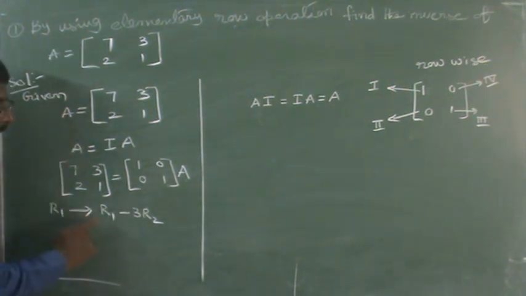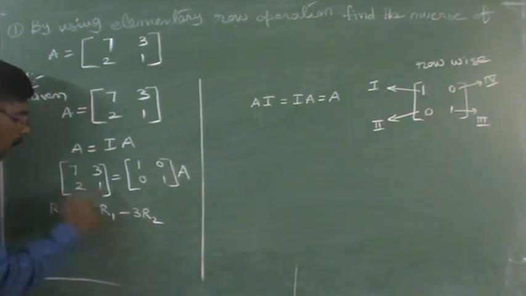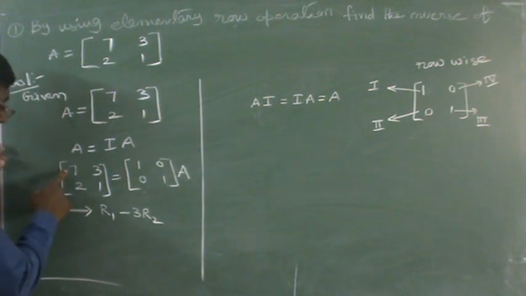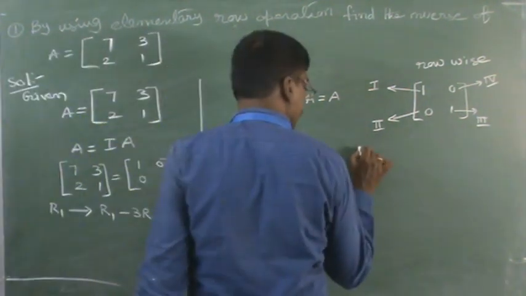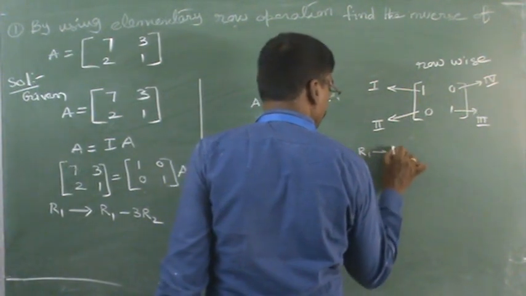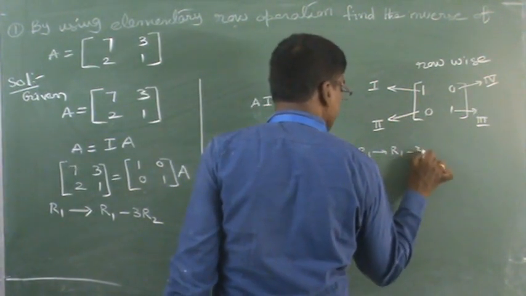For example, how is it applicable? R1 has the value 7, minus 3 into R2. In the same R2 place, the value is 2. What answer will come? I am writing for your understanding. R1 tends to R1 minus 3R2.